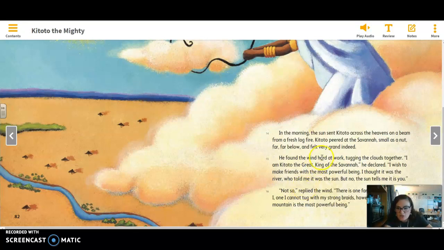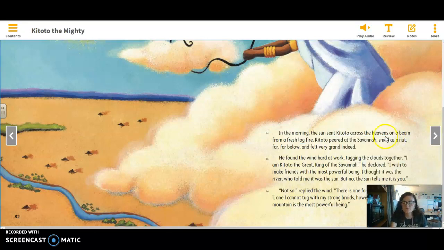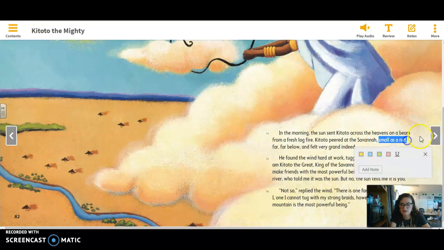So now in that first paragraph, I think I found some figurative language that was kind of similar to what we just found on page 78. Did you see it? Did you hear it? Quitoto peered across at the savannah, small as a nut, far, far below, and felt very grand indeed. So the author is using figurative language. Small as a nut.